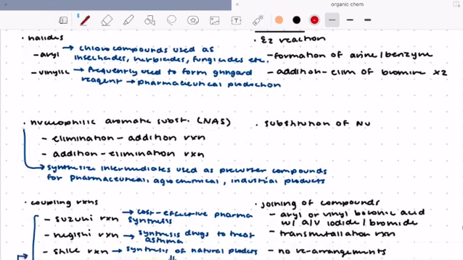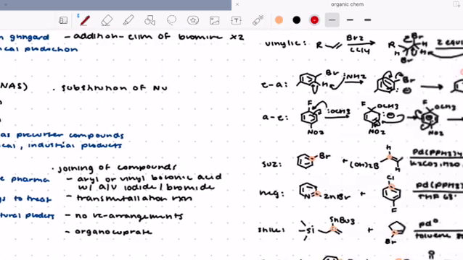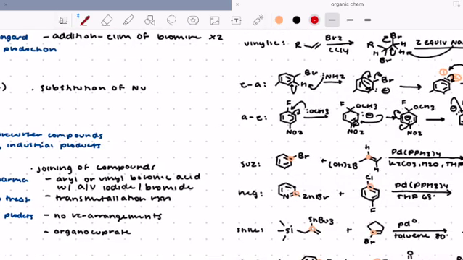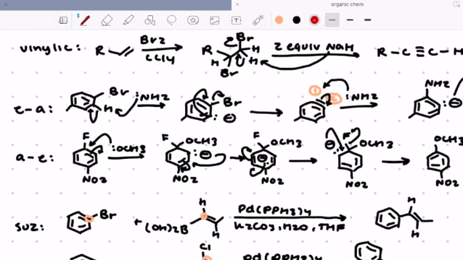Next, we're going to be looking at nucleophilic aromatic substitution, and this includes elimination addition and addition elimination. The concept is pretty straightforward. In elimination addition, you're first eliminating and then you're adding. So you can see here that you're going to be eliminating the bromine from the aromatic and then adding on the compound that you would like.